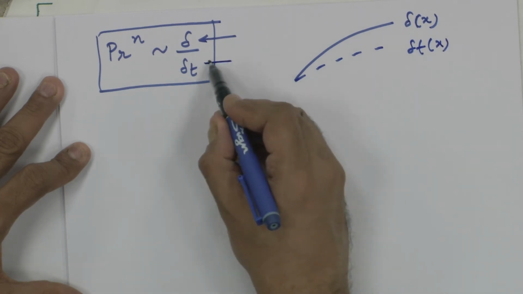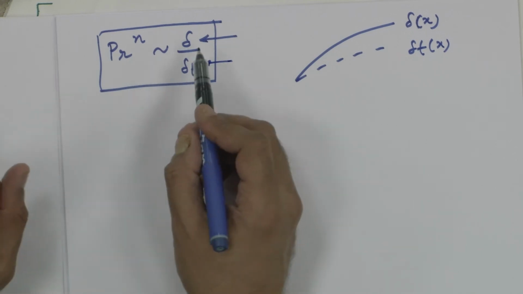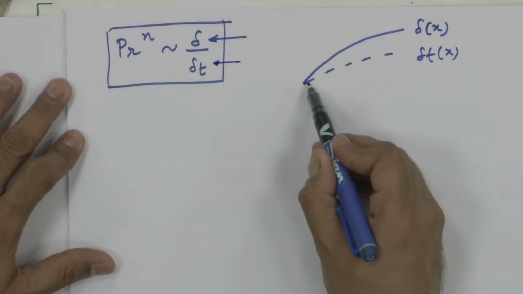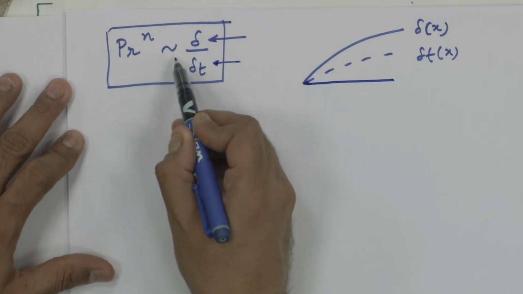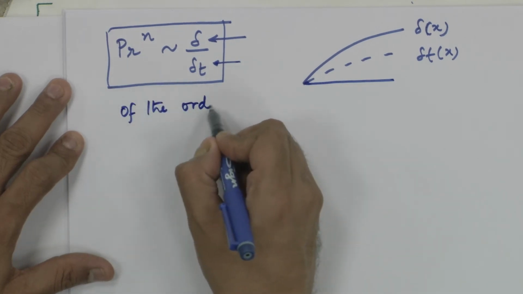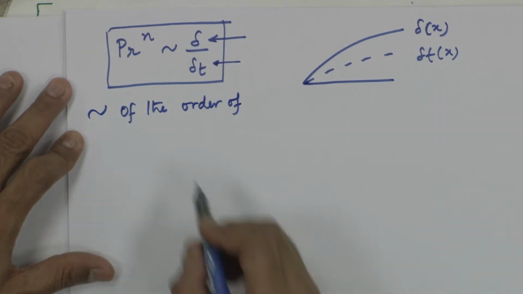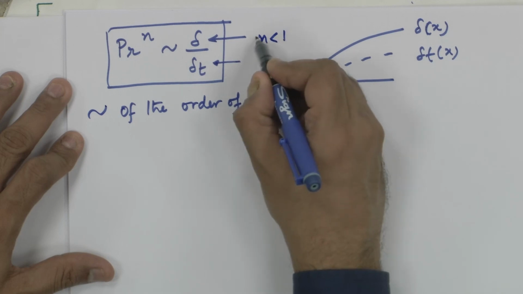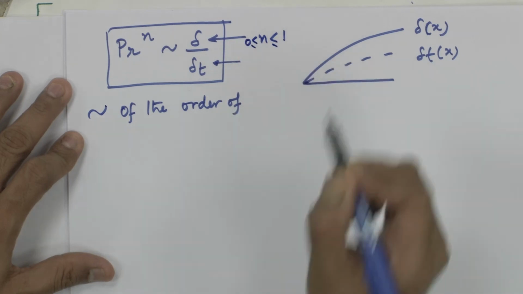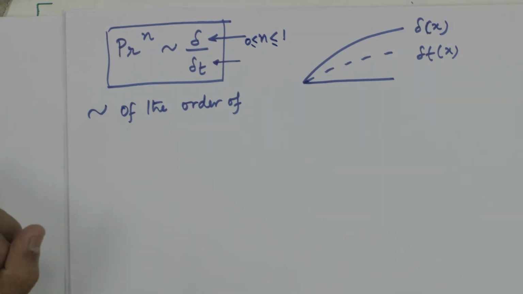So, this ratio is not equal to Prandtl number. This is a mistake which students make. It is actually of the order of, this sign means, Prandtl to the power n, where n is less than 1, 0 less than n less than or equal to 1.